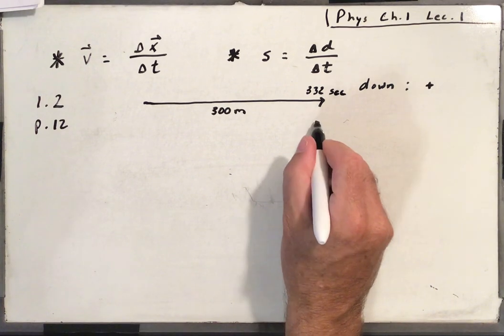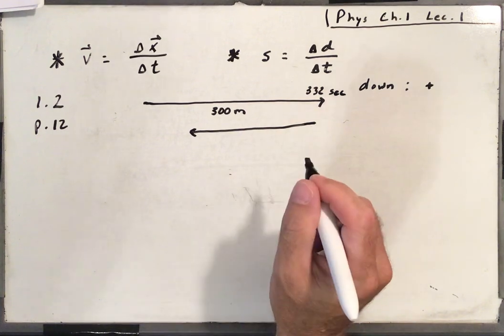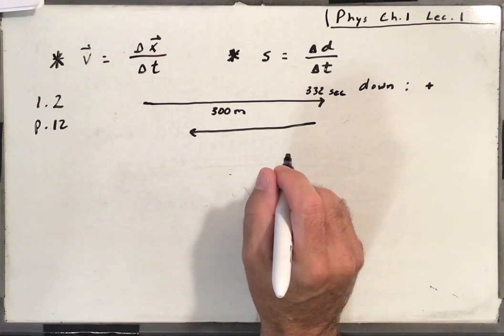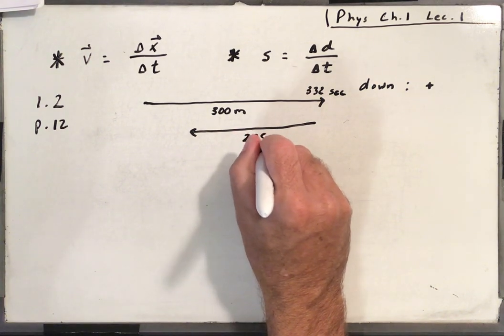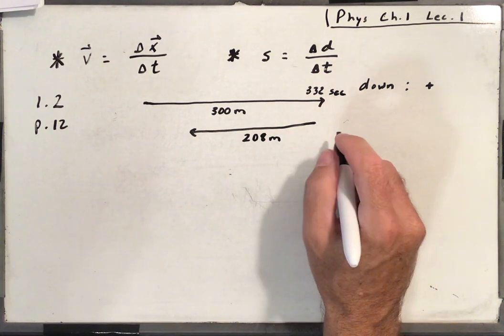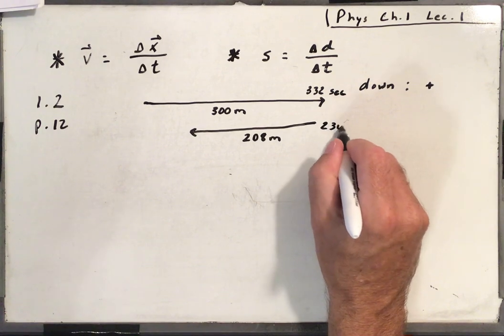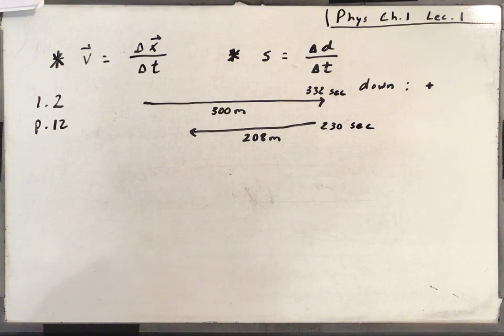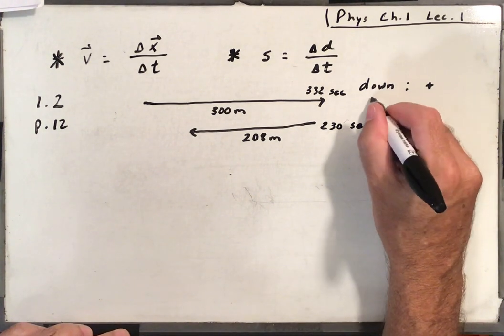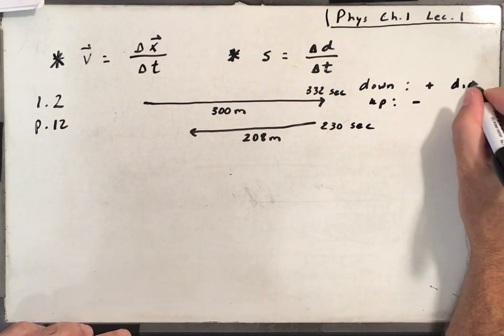Then the mail person goes up the street, and she travels 208 meters, and that took 230 seconds, that portion of the trip. So down the street is positive, then up the street is the negative direction. So these are directions.